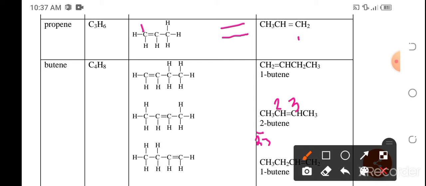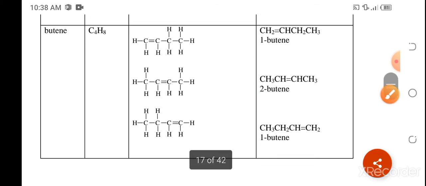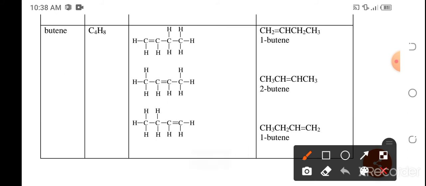Kasi isa lang din naman ang kanyang isomer for that propene. Okay? So, for butene, wala tayong 3-butene. Kasi nga, if this one would be numbered from left to right, so sasabihin yung 3, 4 yan.